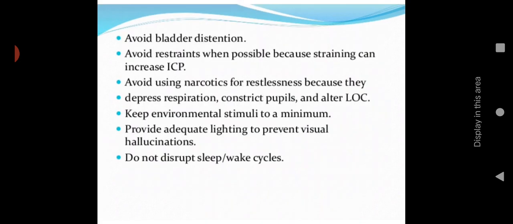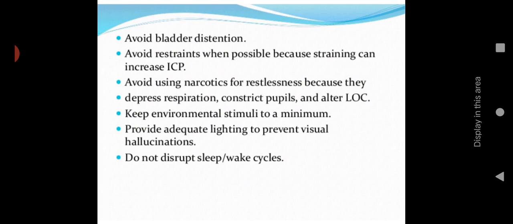Then avoid bladder distension. You have to properly empty the bladder on time. Avoid restraints when possible because straining can increase ICP. So if restraints are not needed, then you should avoid using them because straining or increasing stress can lead to increased ICP, which will further cause brain damage.